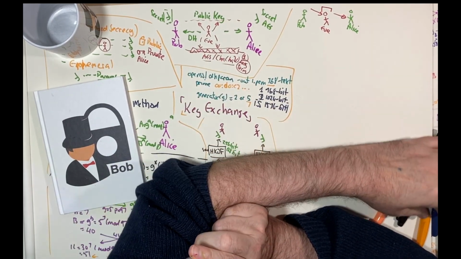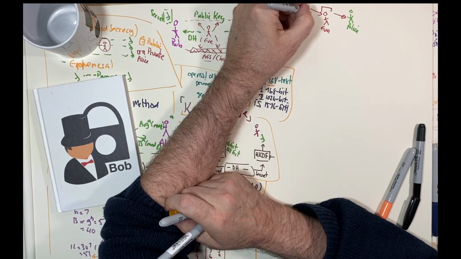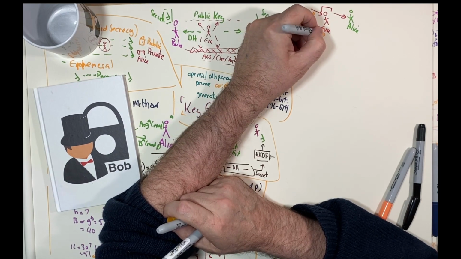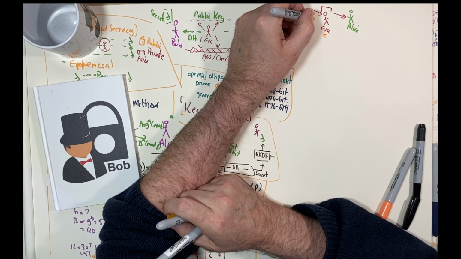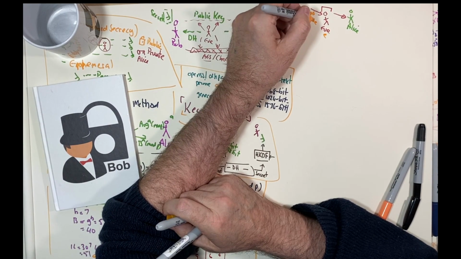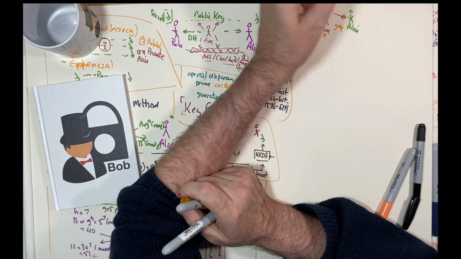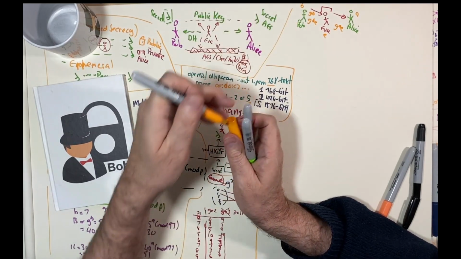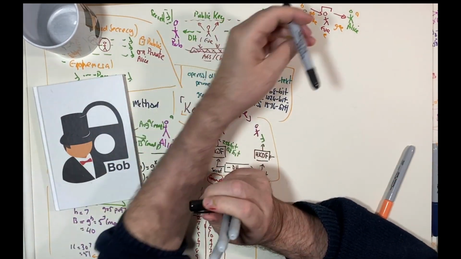So what can happen, obviously, is that Bob can send his g to the power of b value, and Eve will generate e. So the key that he will generate will be this, and the key that will be generated over here will be this, assuming that Alice takes a, Bob takes b. So we can see that we now have 2 tunnels.